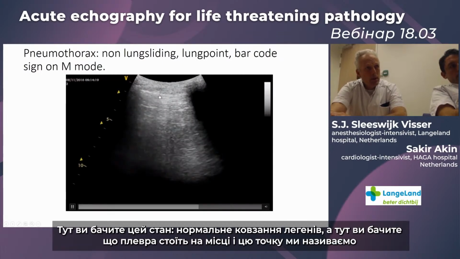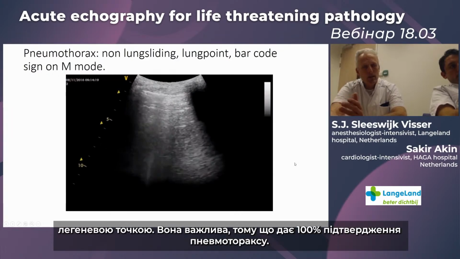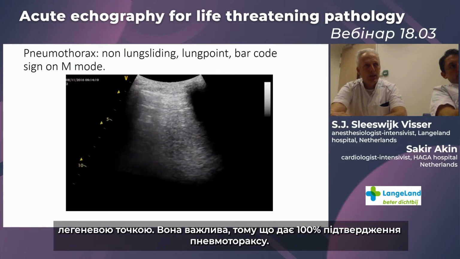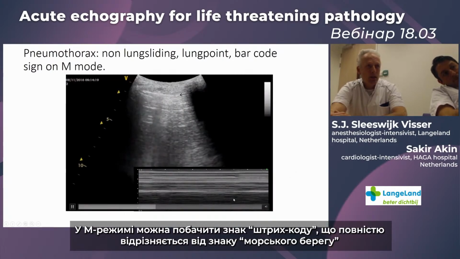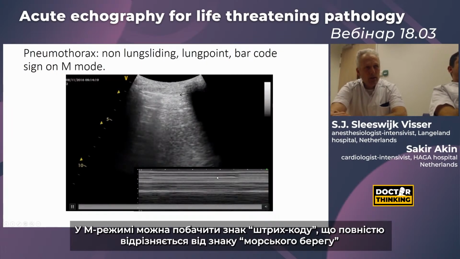And this point we call the lung point. And the lung point is important because it gives you 100% confirmation of your pneumothorax. If you put in your M mode, you will see the barcode sign. So this is totally different than the seashore sign you saw earlier. You see all these lines continuing all the way down.